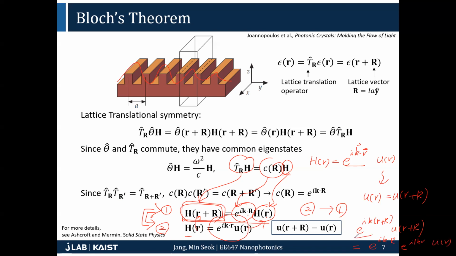So if you compare the front part, they are the same, and the second parts are also the same because u is periodic. So from 2 to 1 is easy.